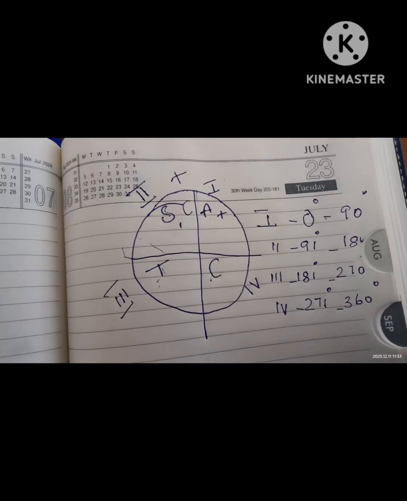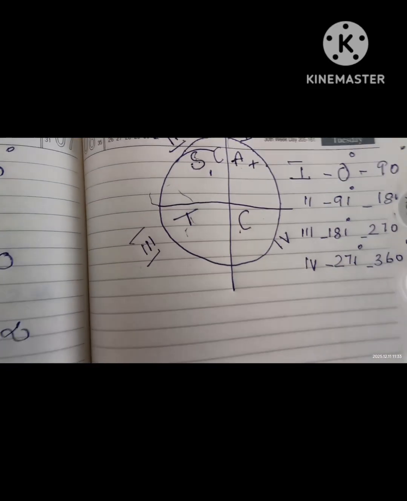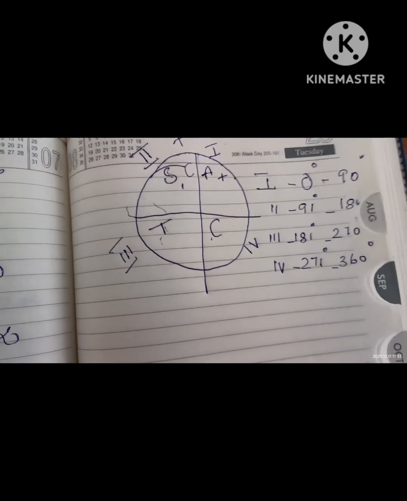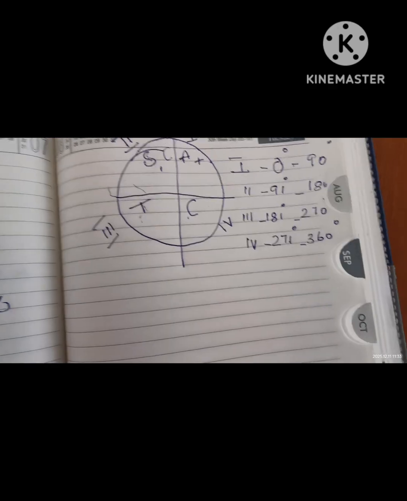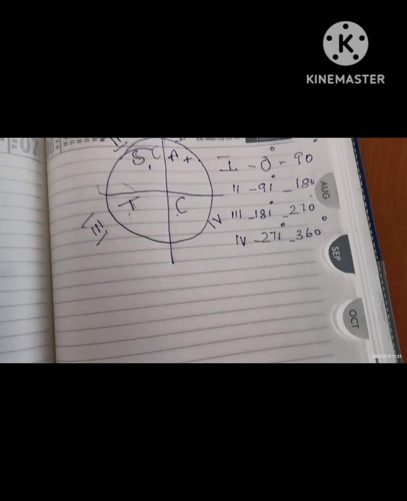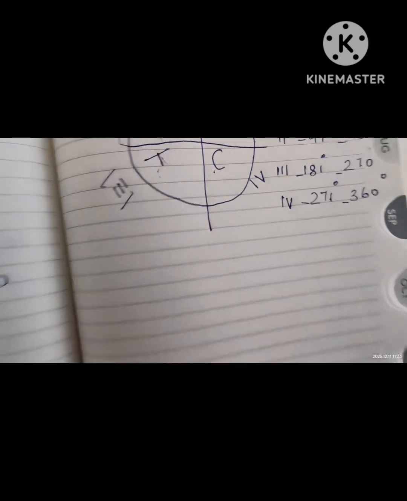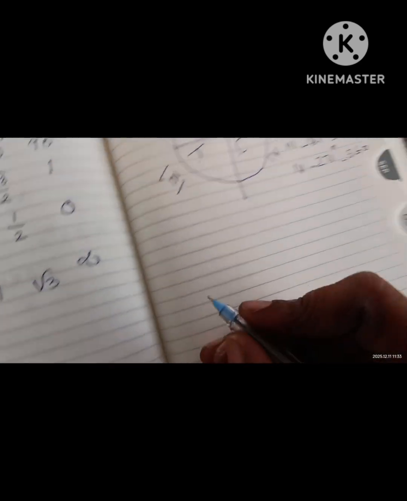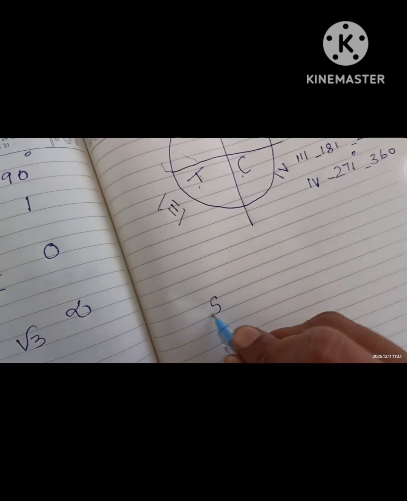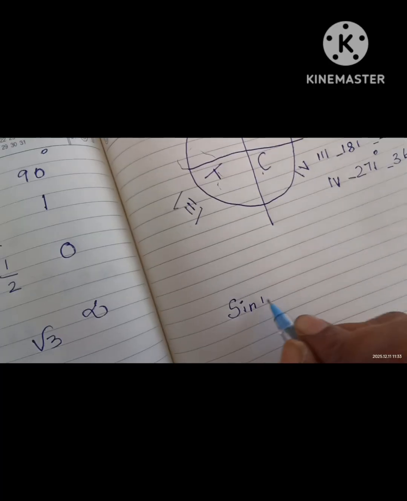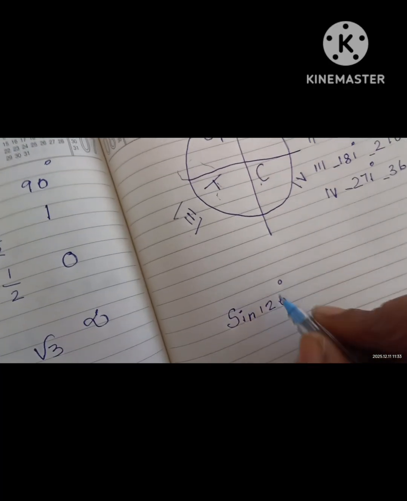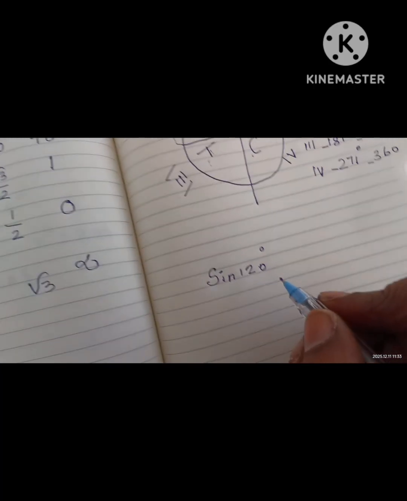Have you all understood? So, if we want to calculate the quadrant, we have to divide the given angle by 90 degree. Okay, let's see the sum. They asked us to find the value of sine 120 degree. What did I say now?